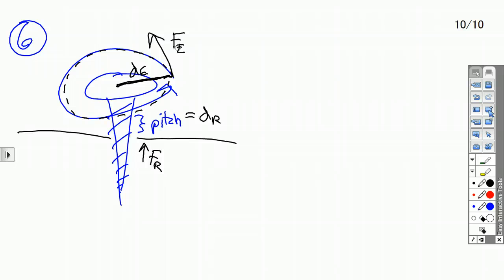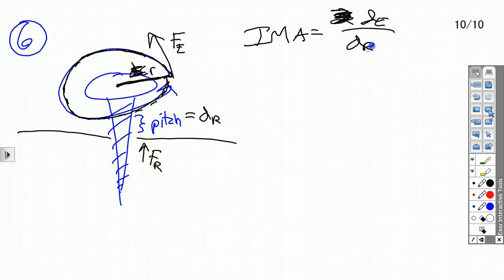I'm sorry, the radius is not your effort distance. Excuse me, I misspoke. That's your effort radius. The actual effort distance is that full circumference. So if IMA equals dE over dr, your effort distance is the distance through which you're applying the effort force.